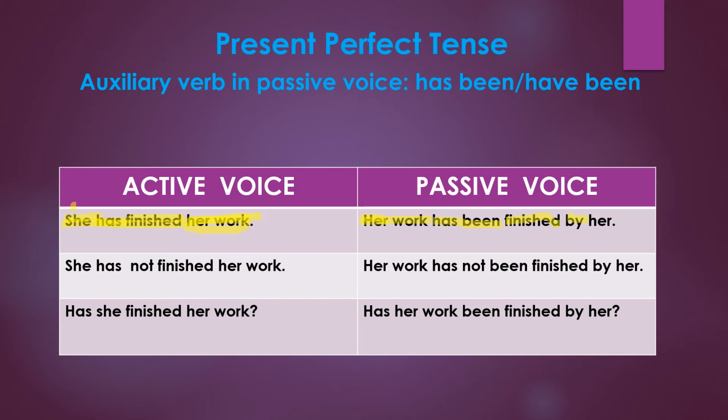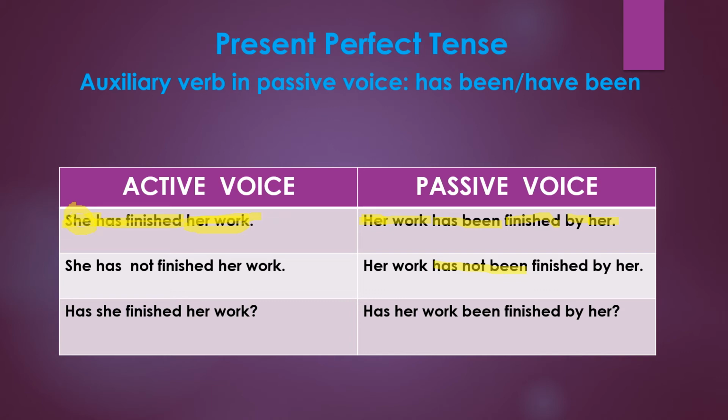As she is in the subject place, when we write it in the place of object in passive voice, the pronoun she changes to her. Similarly with the negative sentence, she has not finished her work. Her work has not been finished by her.